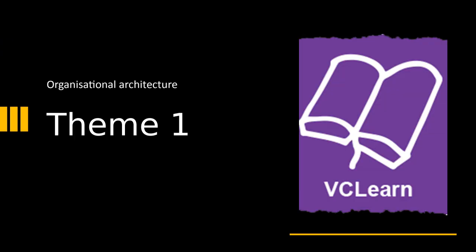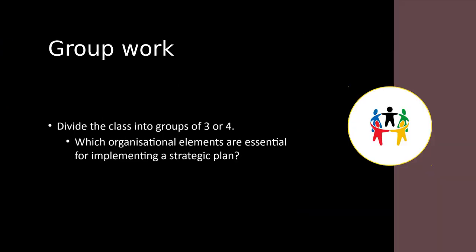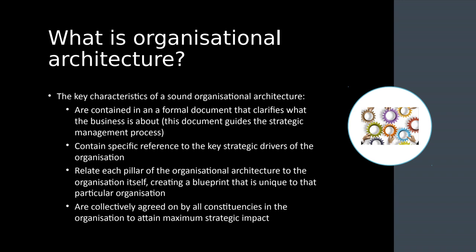You can have a look at the objectives. I've given a couple of pieces there. So when we look at the supposed organizational architecture, the first one is the idea that it is a formal document. So again, every organization looks at what they want to achieve in terms of their strategic plan.